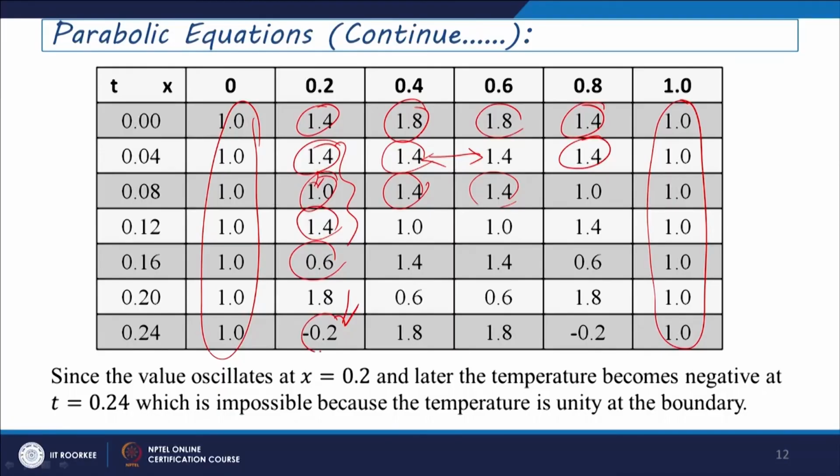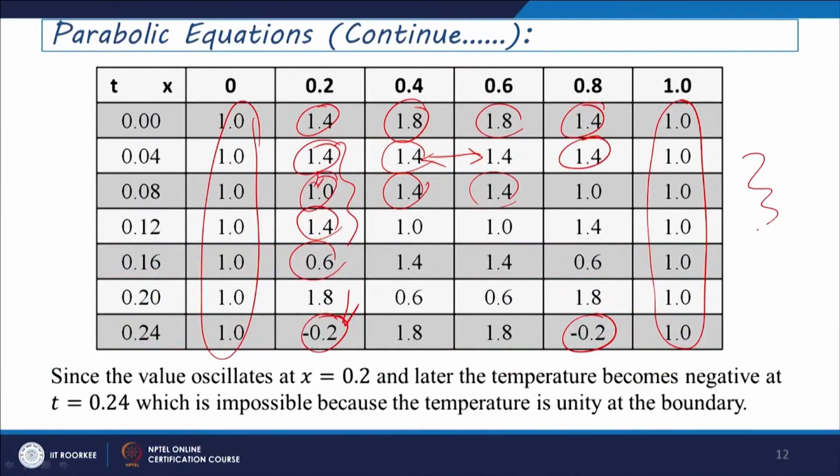But in this case we are getting that the temperature is going down and achieving a negative value after certain time steps. So it is not signifying any physical sense, since in the present solution we can visualize that first it is oscillating and suddenly it approaches a negative value. Even if heat is supplied along the boundary, this physical scenario will never happen, that in the core of this section you can have a negative value.